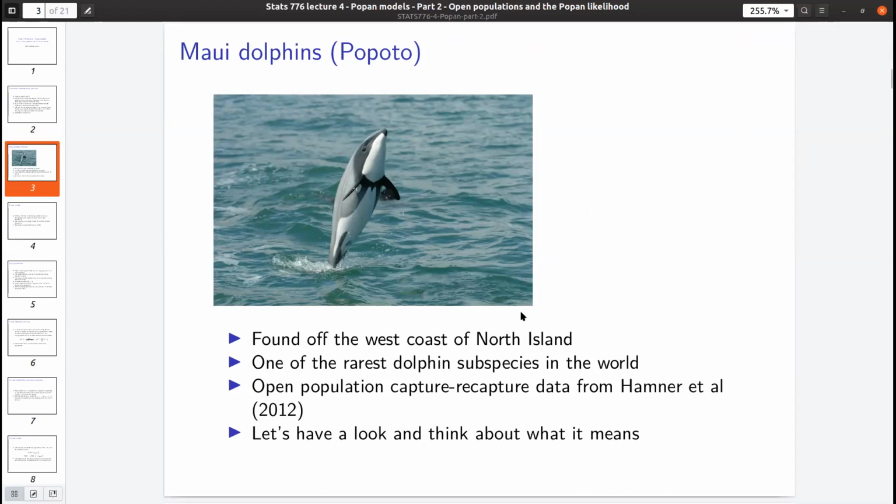It's found off the west coast of North Island, and it's one of the rarest dolphin subspecies in the world. And we actually have amazing open population capture-recapture data for this subspecies from Hamner et al. 2012. So let's have a look at that data.